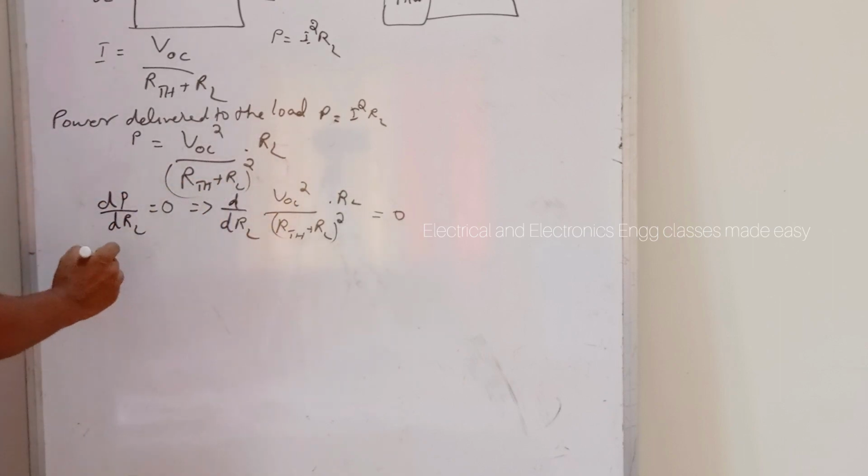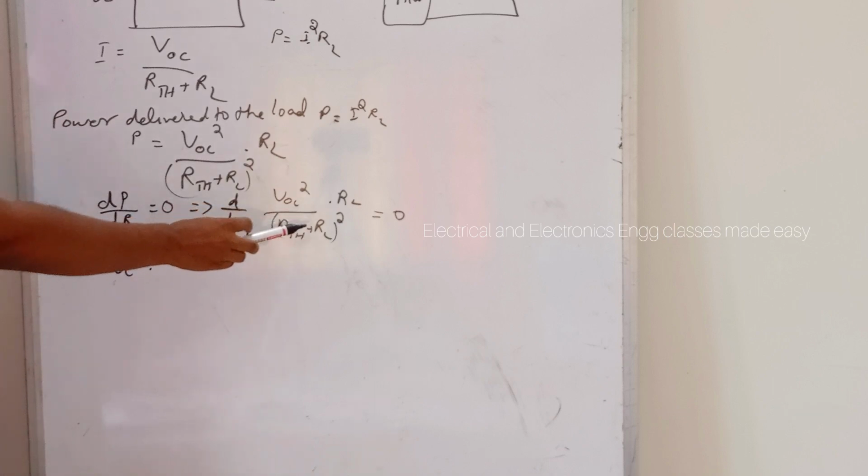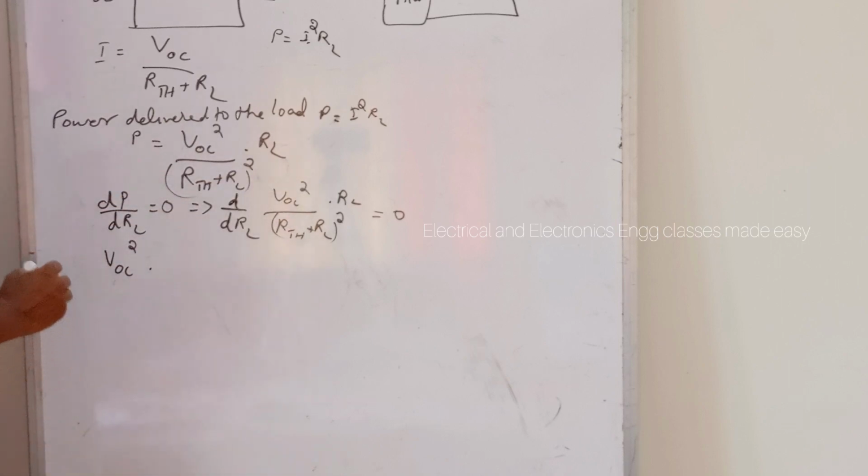So we can write VOC square into the derivative of this expression, applying the quotient rule.